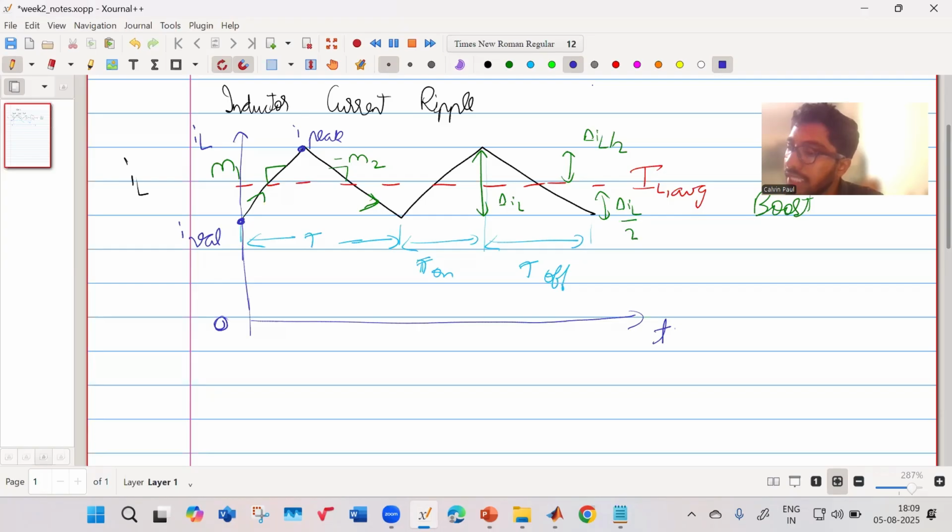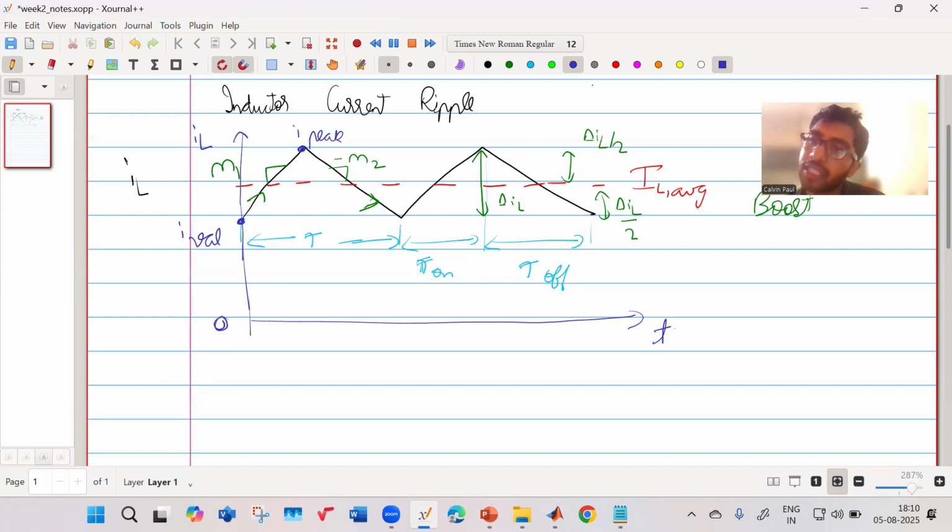Okay. So this is the inductor current ripple. And is ripple good or bad? These are switched mode power converters, that is they are switching. It is either on or off. When the switch is on, current is rising. When the switch is off, current is falling. So the current will rise, current will fall.